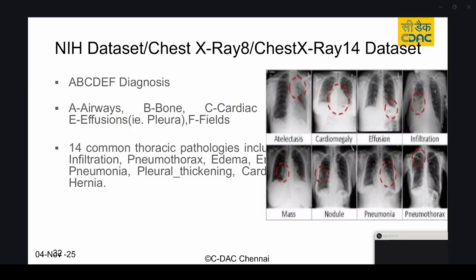But doctors were using the ABCDEF diagnosis method most of the time. First they check the airways, then the bones, which are white, and then the cardiac region, whether there is an enlargement or not. Then effusion. Then pleura, which is somewhere around here.